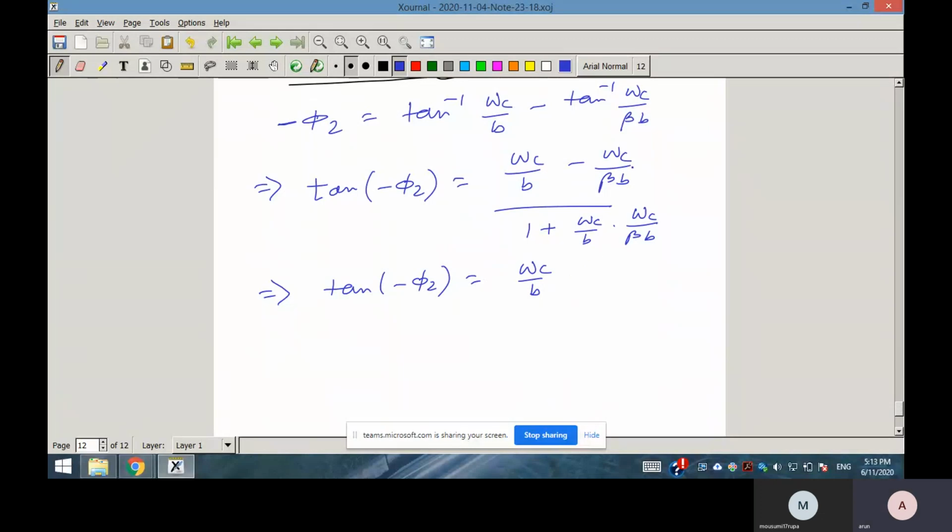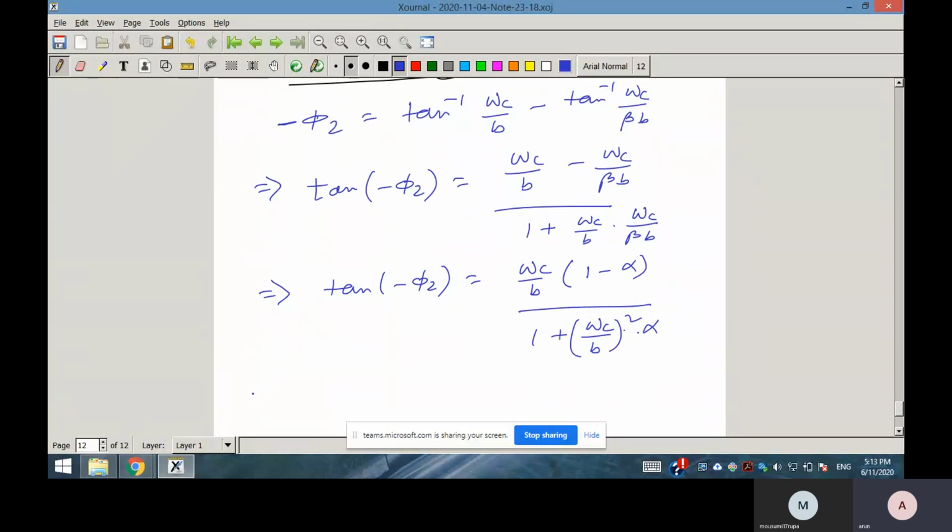So now 1 by beta equal to what? 1 by beta equal to alpha. So omega c by b into (1 minus alpha) divided by (1 plus omega c by b squared into alpha). Okay.